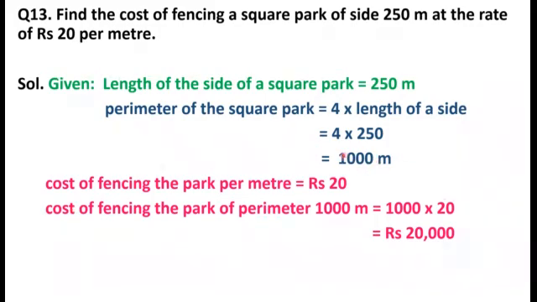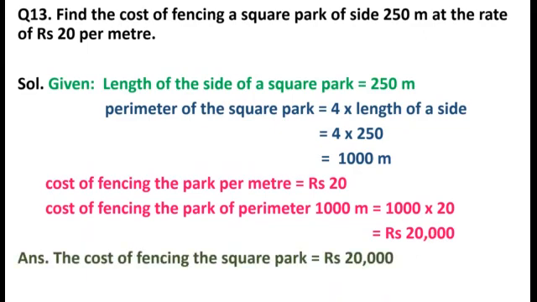So now we have to fence 1000 meter. So cost of fencing the park of perimeter 1000 meter is equal to 1000 into 20. So we get rupees 20,000. So our answer is the cost of fencing the square park is equal to rupees 20,000.